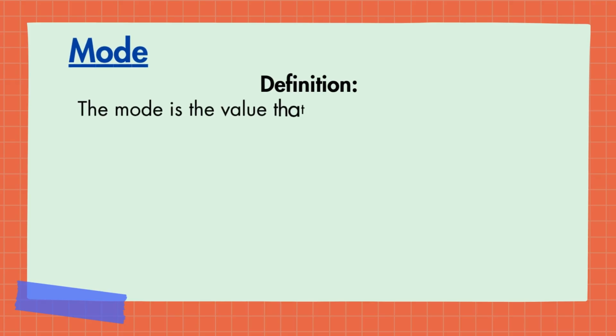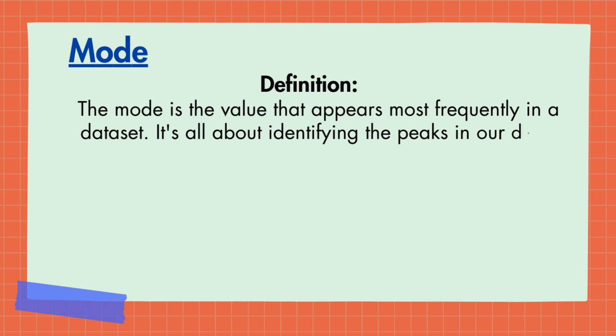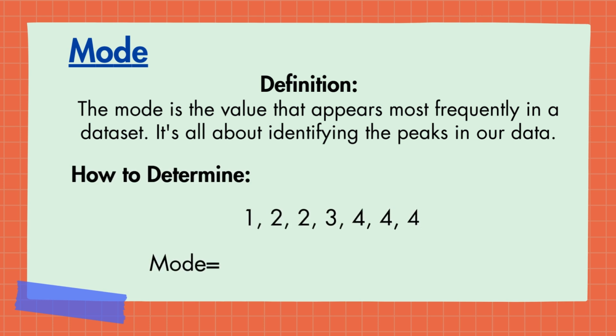Now, let's talk about the mode. The mode is the value that appears most frequently in the dataset. It's all about identifying the peaks in our data. Let's explore this with another example.